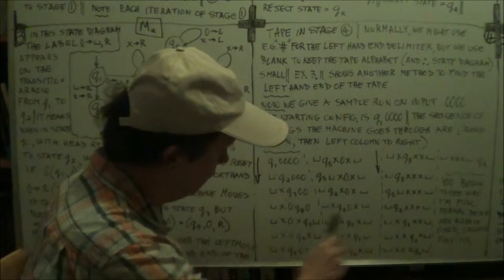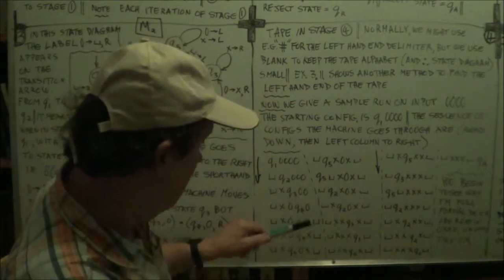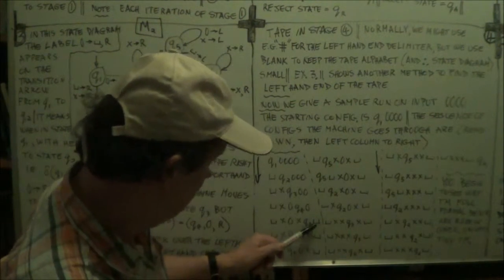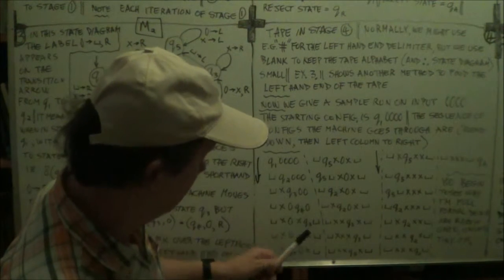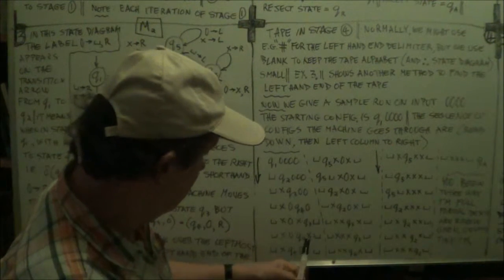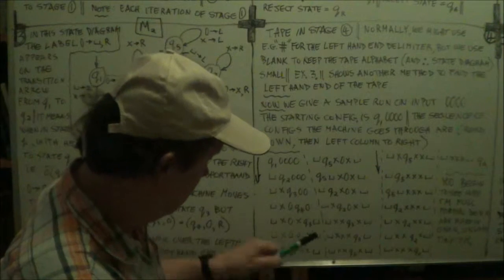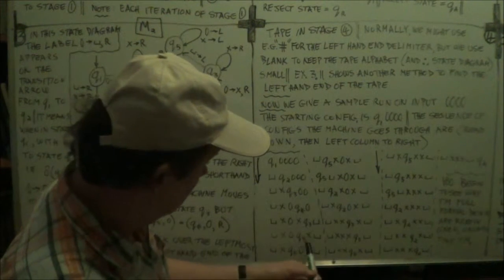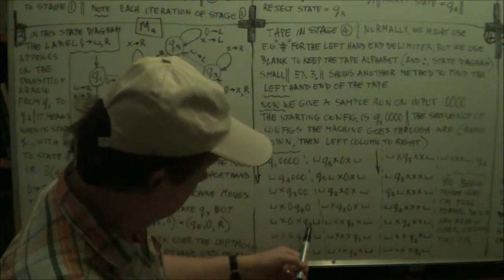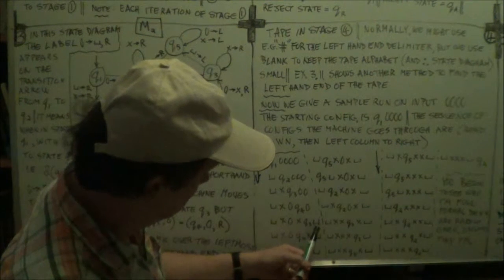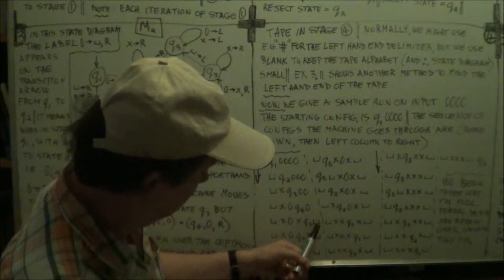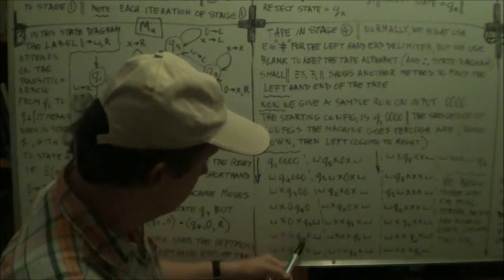You're scanning across from left to right, and now we hit the end here. We know it's at the end because now we're reading a blank. And now we need to head back. So we're in, let's say, a different stage. When you're hitting the blank and you know you're at the end, we'll go to a new state.